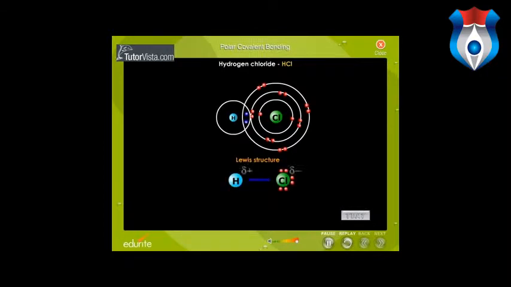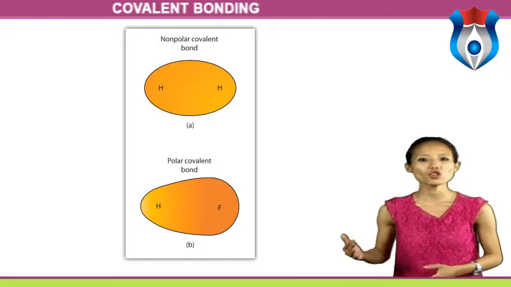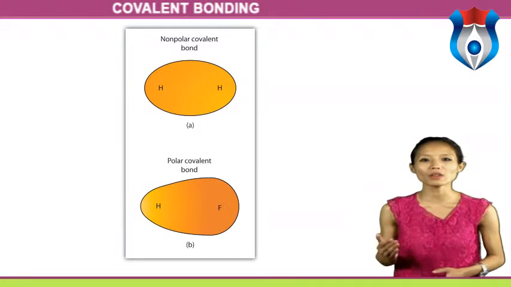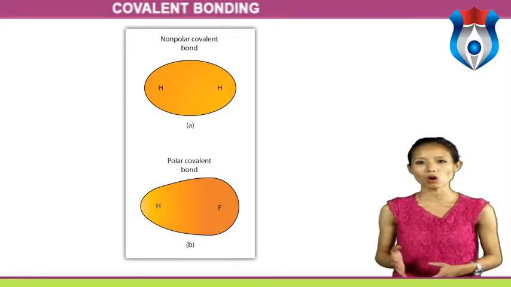As a result, the chlorine atom gets a small negative charge represented as delta negative, and the hydrogen atom gets a small positive charge represented as delta positive. The number of shared electrons depends on the number of electrons needed to complete the octet.